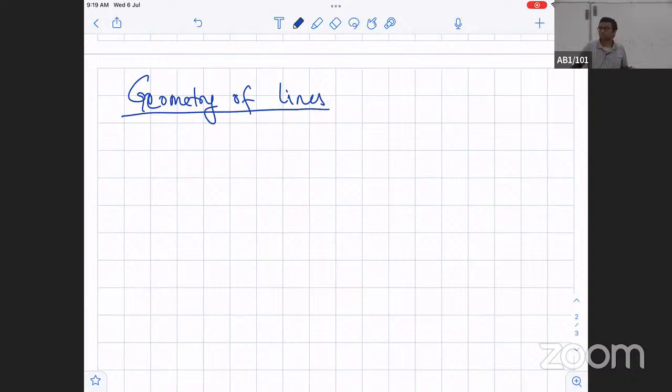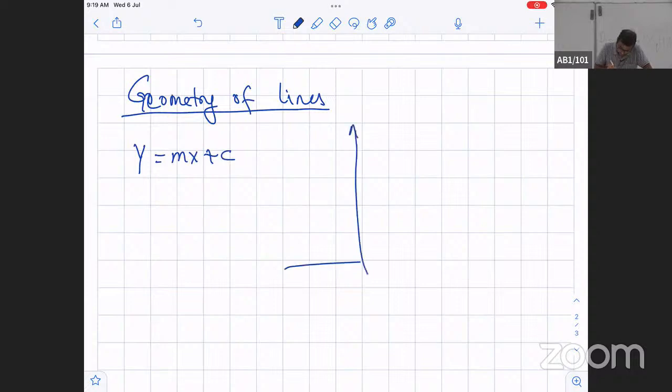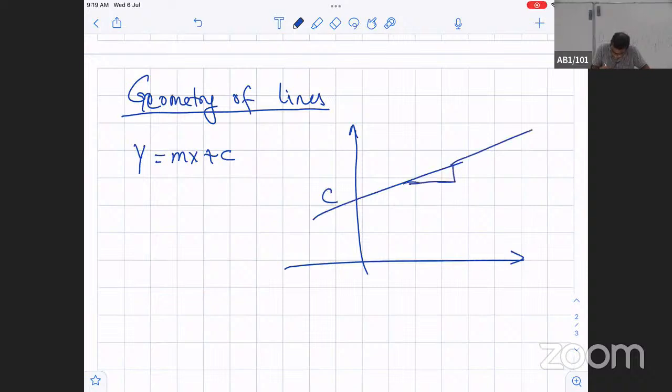So what's that? y is equal to mx plus c, right? What that essentially means is you have some intercept c, and this is your line. The slope of this line, delta y by delta x, is m. So this is a usual line in 1D.